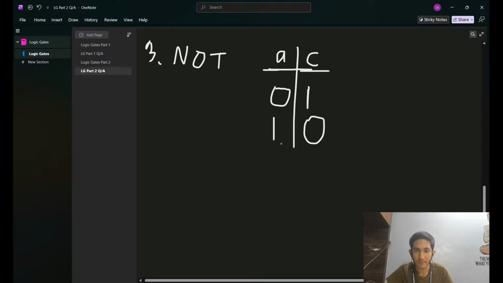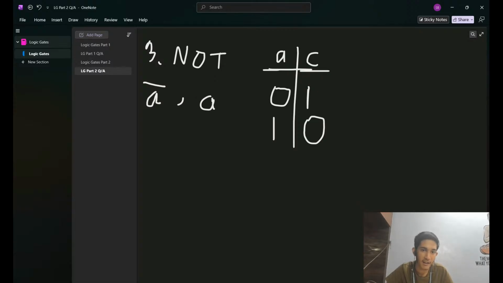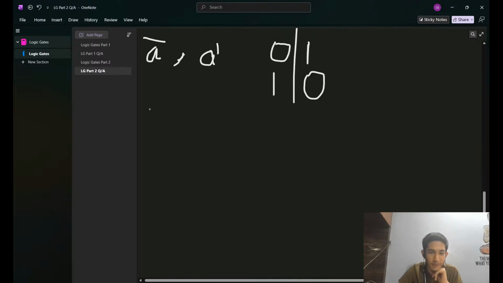Now the symbol form for this is very simply a bar, or it can also be written as a dash or an apostrophe. I'll call this dash or prime because maths. Anyway, the symbol form for this is quite simply a triangle with a circle on the end.